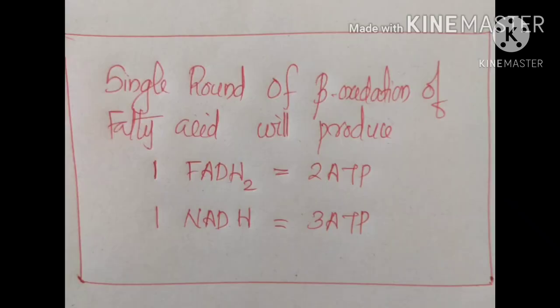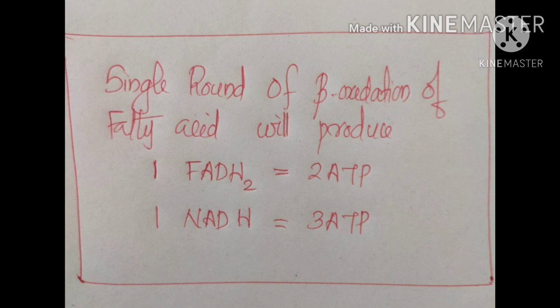Remember, a single round or cycle of beta oxidation will produce one FADH2 and one NADH. You know that one FADH2 on the electron transport chain will produce 2 molecules of ATP, and one NADH will yield 3 molecules of ATP.